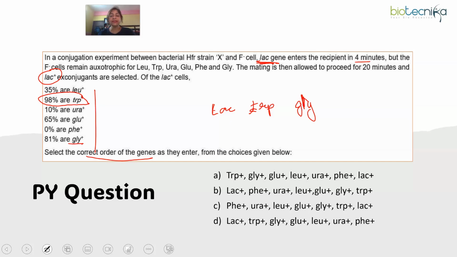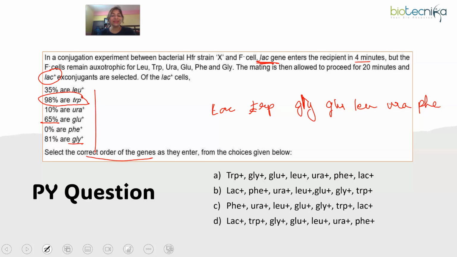Because the farther the genes are placed, the more chance of the conjugation getting interrupted naturally, and if it gets interrupted, then the gene will not be passed. So the order here will be lac, trp, gly. Then after gly it will be glu, because 65. Then it will be leu+, and finally ura, and then phe.